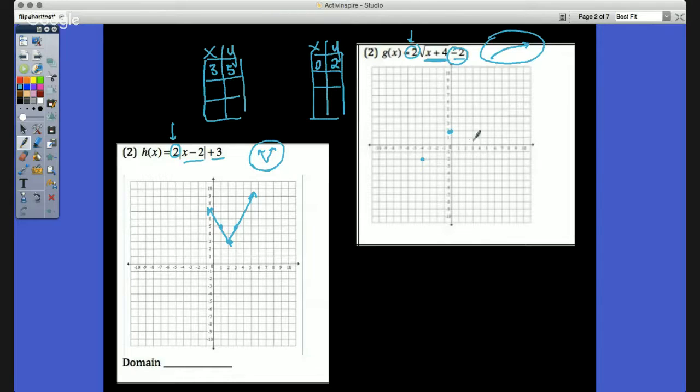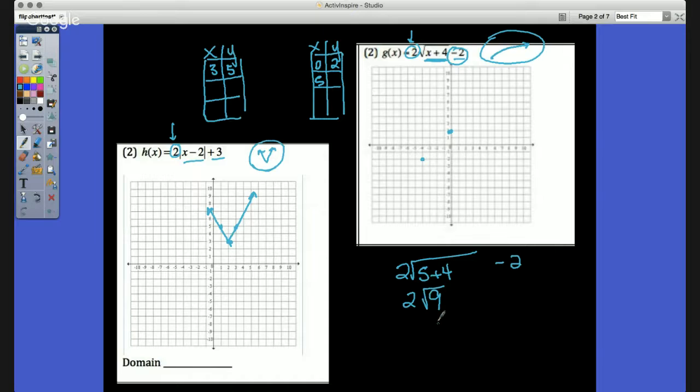Now to be just a little more accurate, since it's a little bit tougher than the one on the left-hand side, what I'd like to do is plug in a value that's a little bit more to the right that may be easier to solve for. For instance, what value could I plug in for x that has a perfect square root? We know that would be 5. So we'd have 2 times the square root of 5 plus 4, minus 2. Again, we work inside to get the square root of 9.